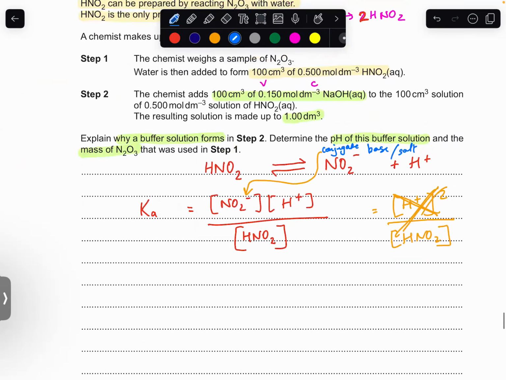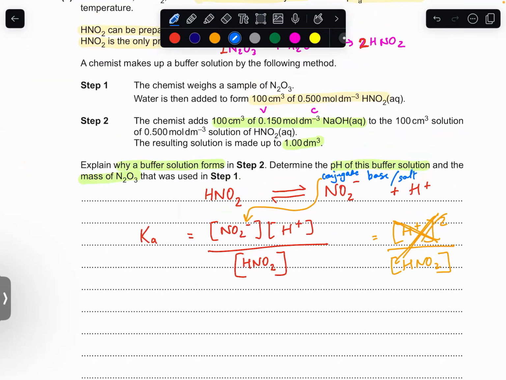You see, we've got for HNO2, we've got in the question originally 100 centimeters cubed volume. We got the concentration.